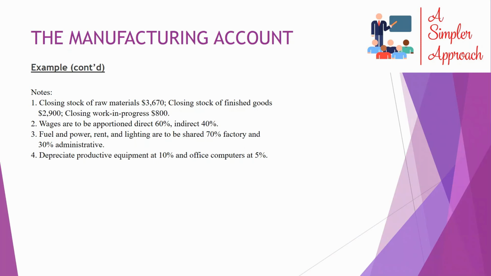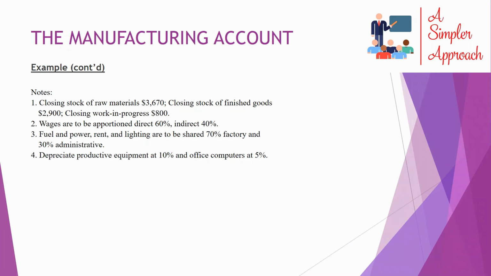Fuel and power, rent, and lighting are to be shared 70% for the factory and 30% for administrative purposes. And number 4, depreciate productive equipment at 10% and office computers at 5%. These things you're going to need to know as you begin the process of preparing the manufacturing account.